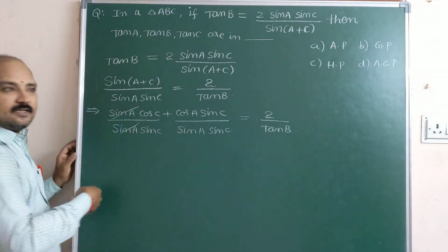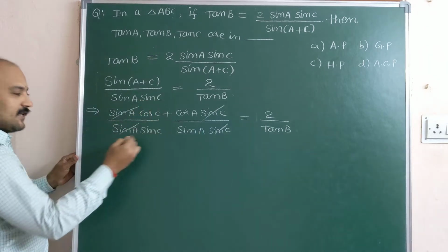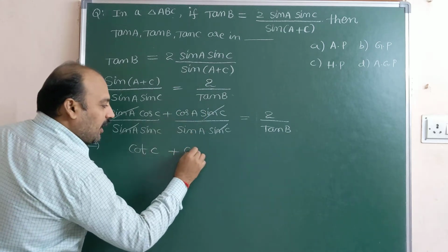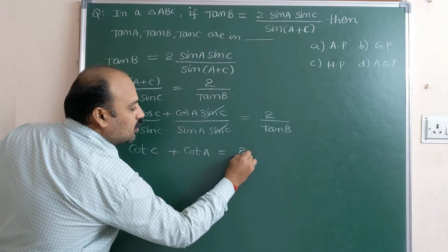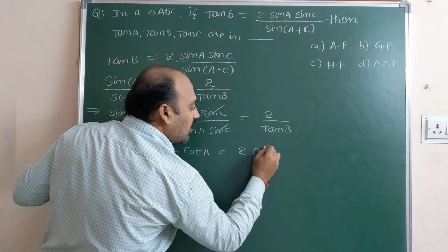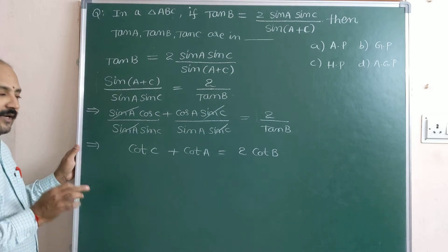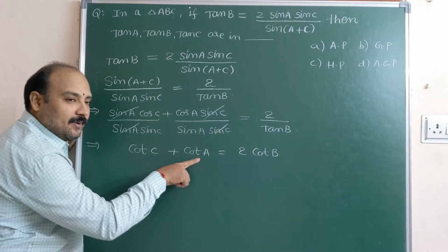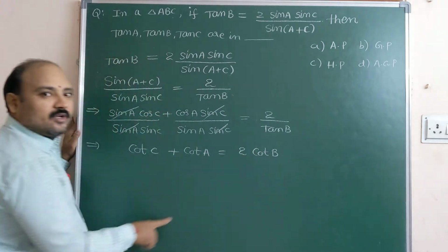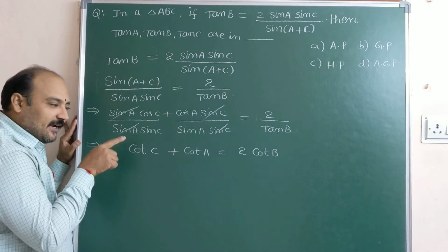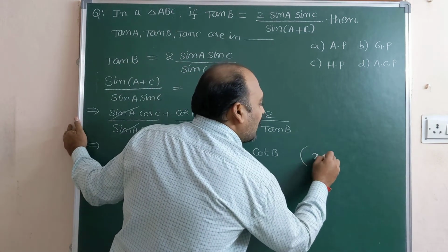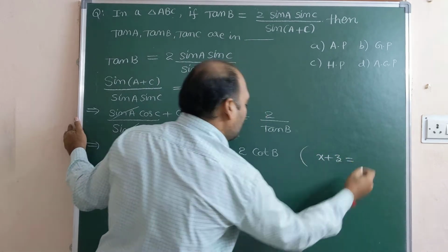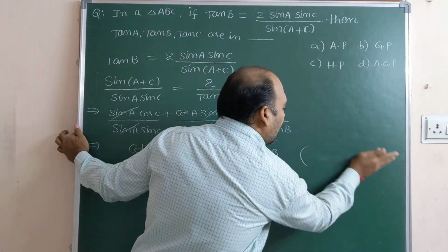Here sin A gets cancelled, sin C gets cancelled: cos C by sin C is cot C, cos A by sin A is cot A, is equal to 2 into 1 by tan B, which can be written as cot B. Clearly, cot C plus cot A equal to 2 cot B. So by observing, it is in the form of x plus z is equal to 2y; otherwise in terms of A, B only we will write it.